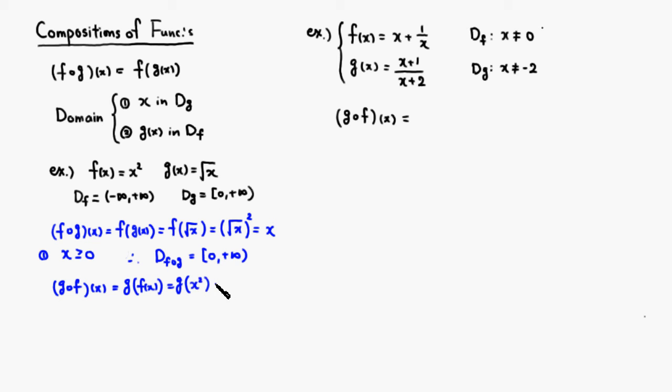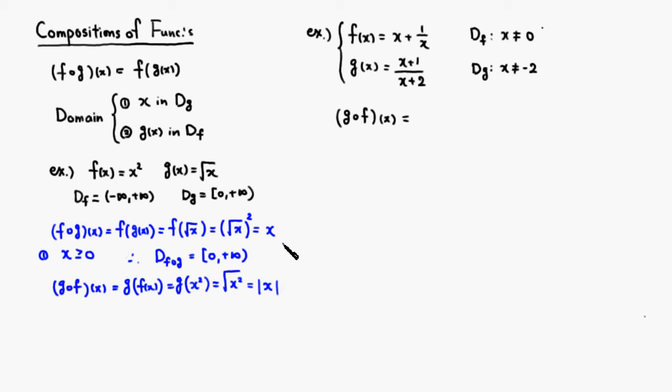We plug it into the square root of x, so it's the square root of x squared. Since x is squared, even with a negative sign, everything is going to be non-negative. So even though the square root and the square cancel out, it's not going to be just x. It's going to be the absolute value of x.